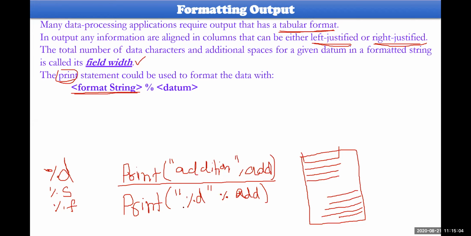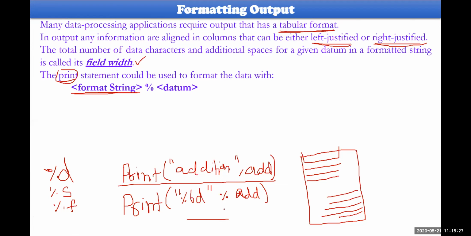Then you may ask me one question: where is the field width? Where exactly have you taken the field width? Yes, the field width will be mentioned in between the percent sign and the character. So you are expected to mention the field width here. For example, %6d. So a total of 6 characters can be taken.